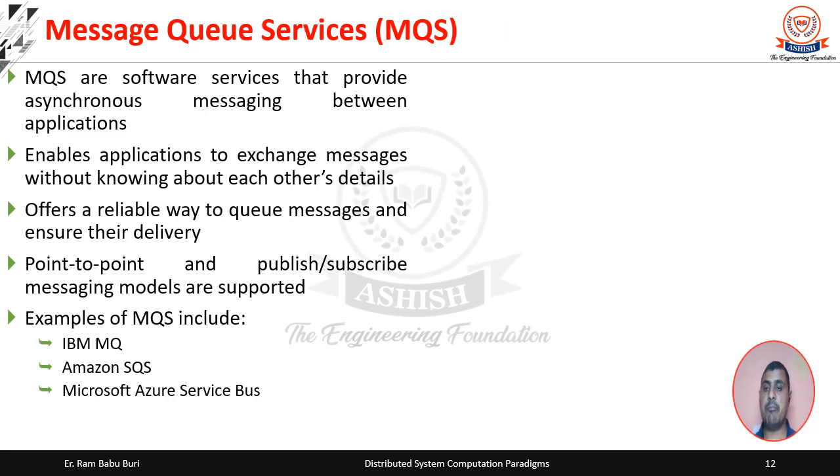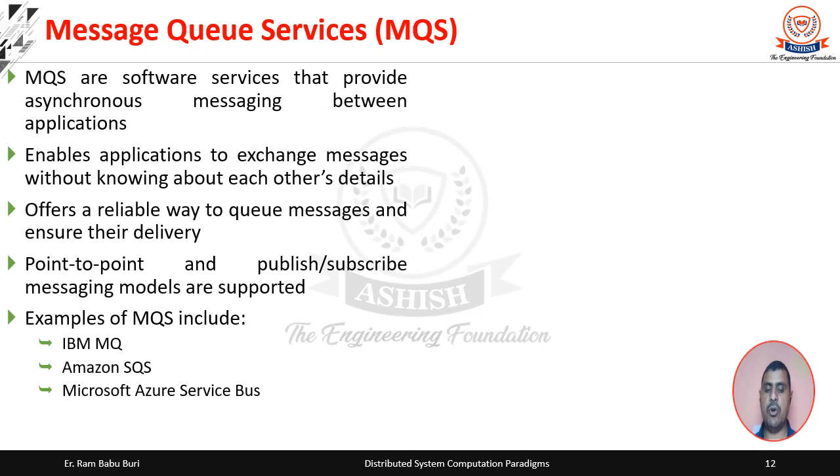Another is Message Queue Services, MQS. MQS are software services that provide asynchronous messaging between applications. Message queue services allow applications to exchange messages without needing to know about each other's details.